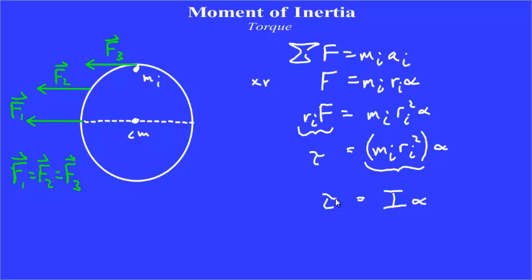All right, and that means that the moment of inertia is defined by how far that mass is from the axis of rotation. In other words, in more practical terms, for a given amount of mass, it matters how that mass is distributed in terms of how it's going to rotate.